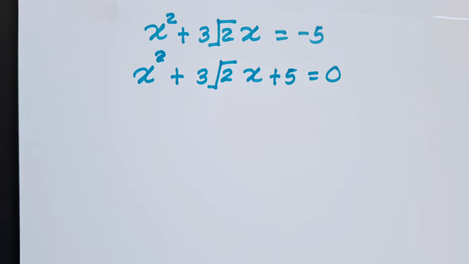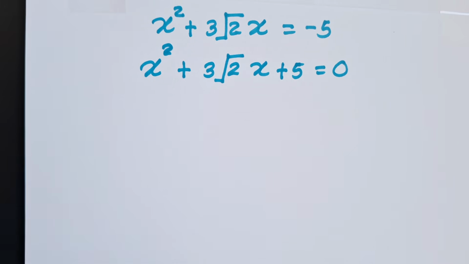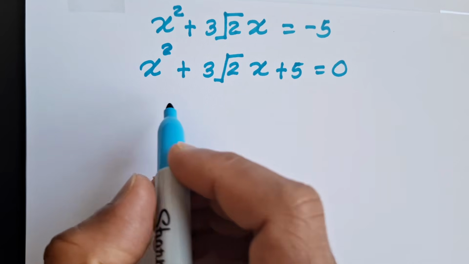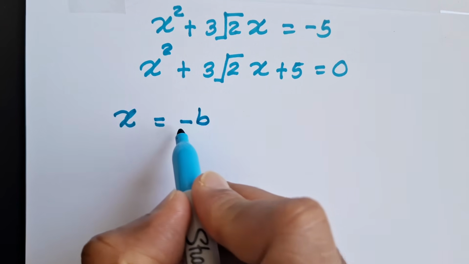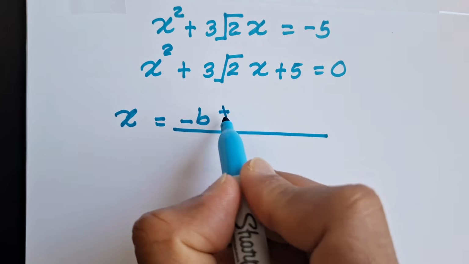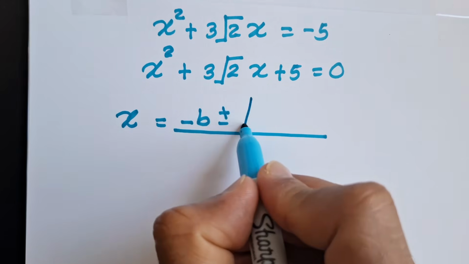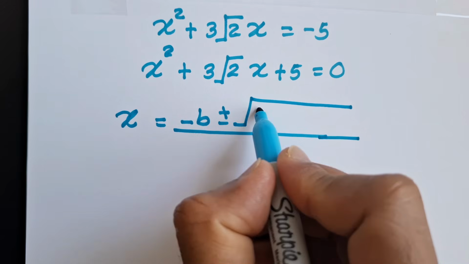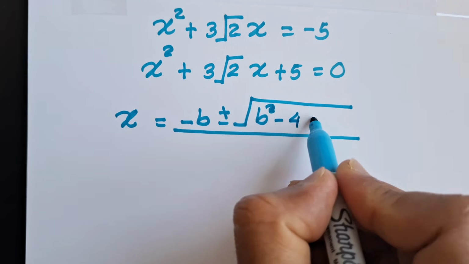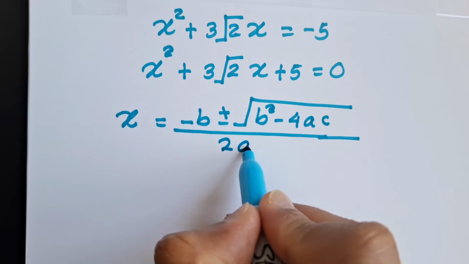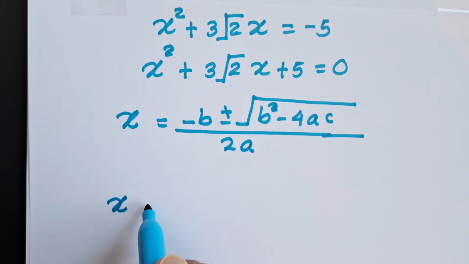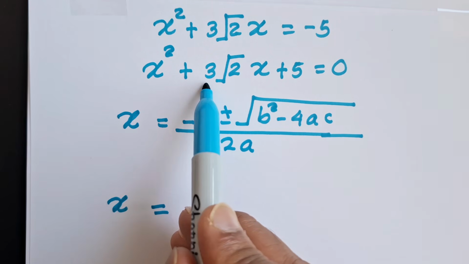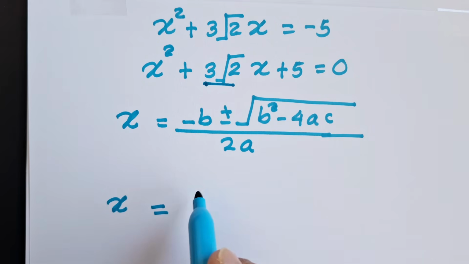Again, I'm going to solve this quadratic equation for x. I'm going to use the common formula, which is x is equal to minus b plus or minus square root of b squared minus 4 times a times c, divided by 2 times a. So the values of a, b and c for my quadratic equation are: b is equal to 3 times square root of 2, a is equal to plus 1 and c is equal to plus 5.